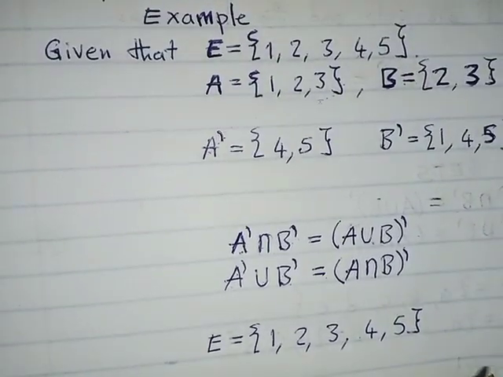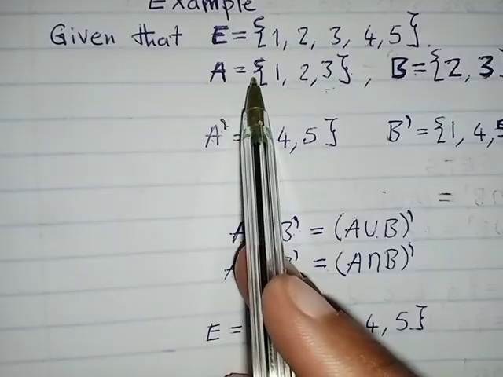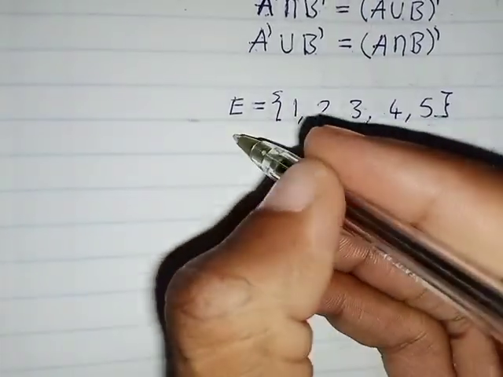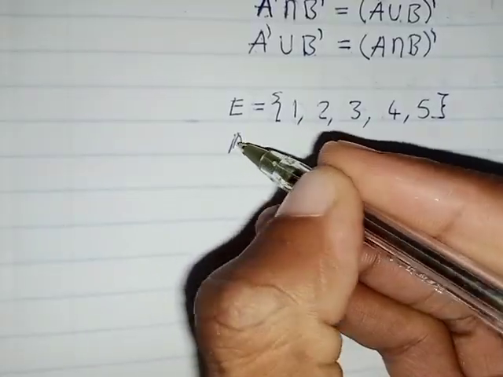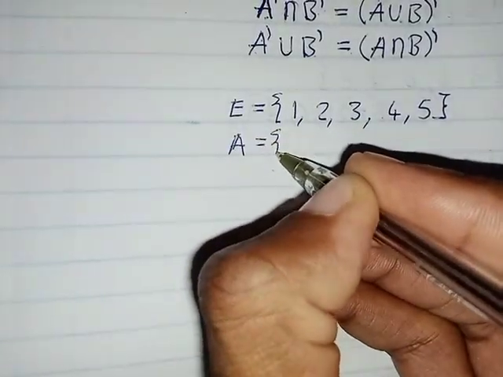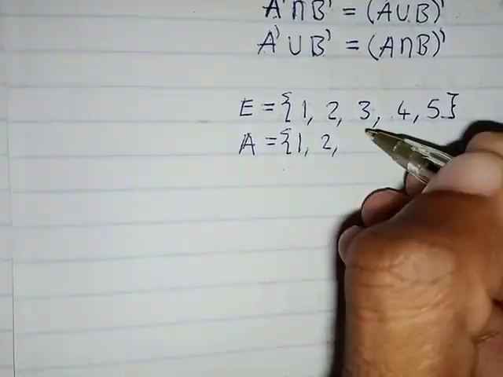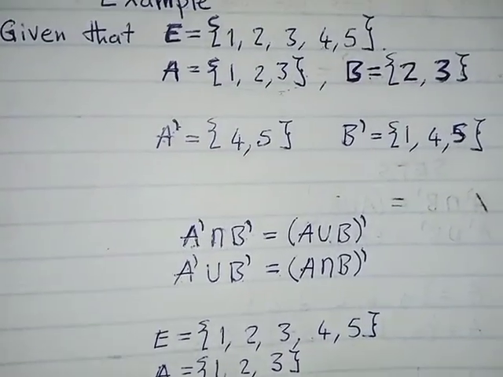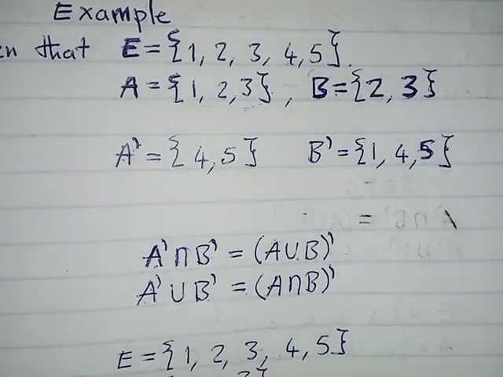Then let us list our set A, the same sets we are using. So set A has elements 1, 2, 3, like that. So we say set A is equal to 1, 2, 3. Then we have set B, we just have elements 2, 3.